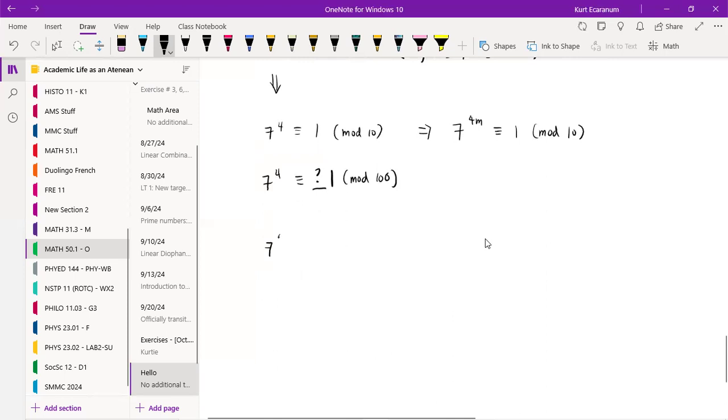So 7 to the 4 is congruent to 7 squared, 7 squared tuloy, 7 cube. 7 squared, 7. Sige na nga, 7 times 7 times 7 times 7. So 7 times 7 is 49.